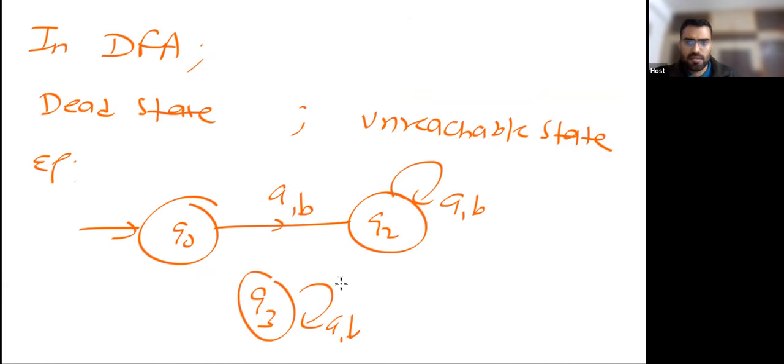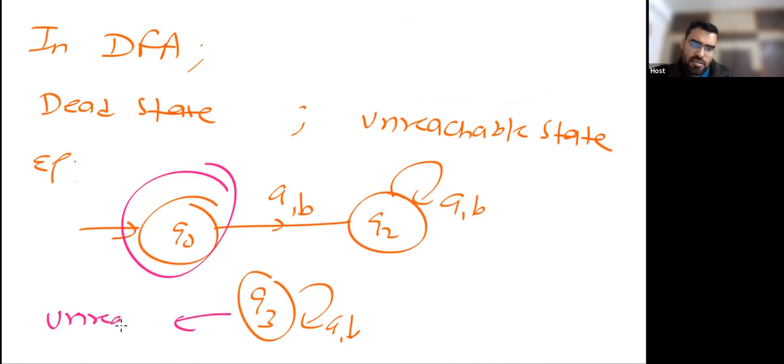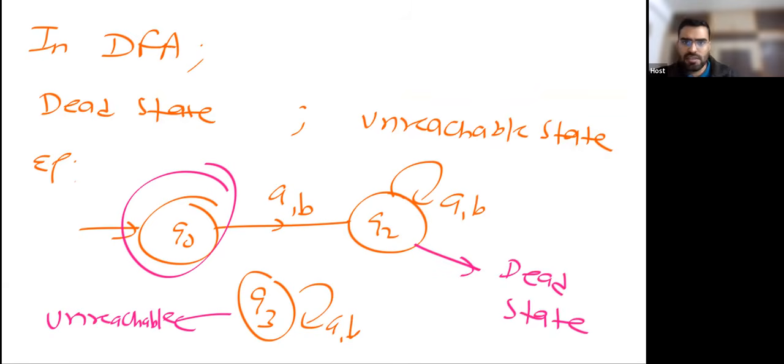What is an unreachable state? You can notice this is an unreachable state, and this is a dead state. So is this difference clear? Unreachable versus dead.